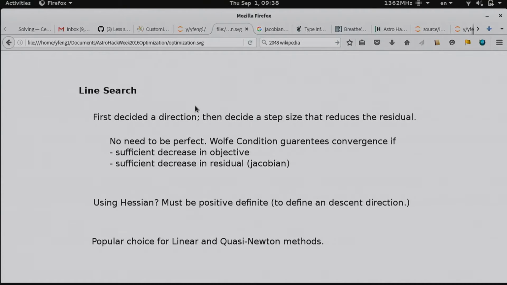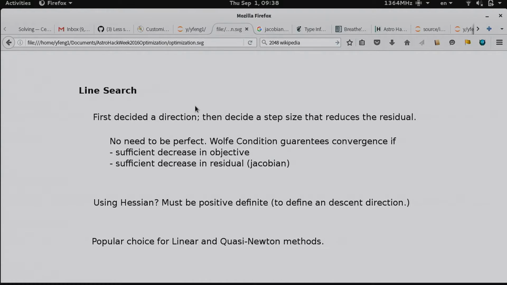We first propose a direction, and then along that proposed direction, we find a step size that reduces the function itself. The step size doesn't have to be perfect. As long as the direction is good, the step size only needs to do two things. First, it provides a sufficient decrease in the objective. Second, it provides a sufficient decrease in the gradient.